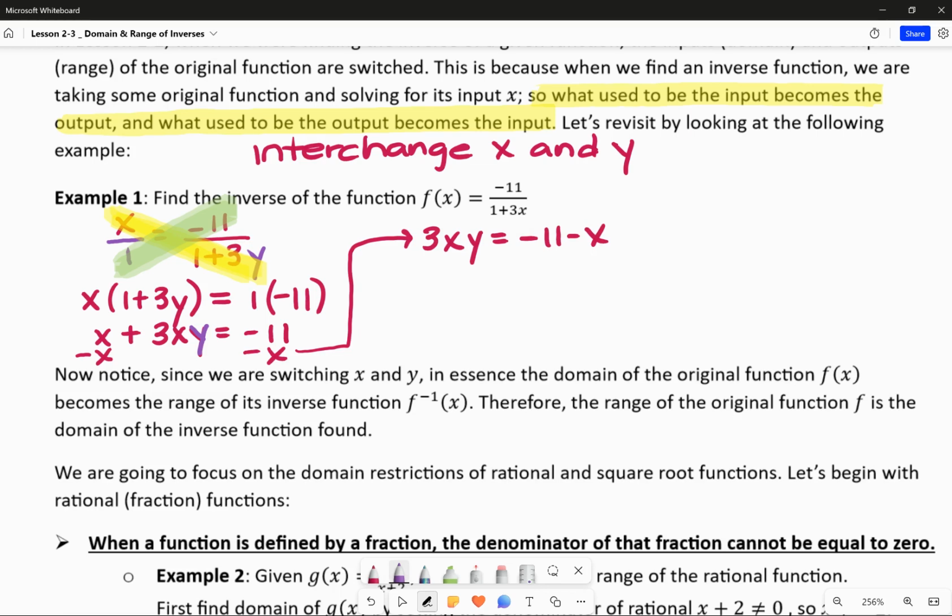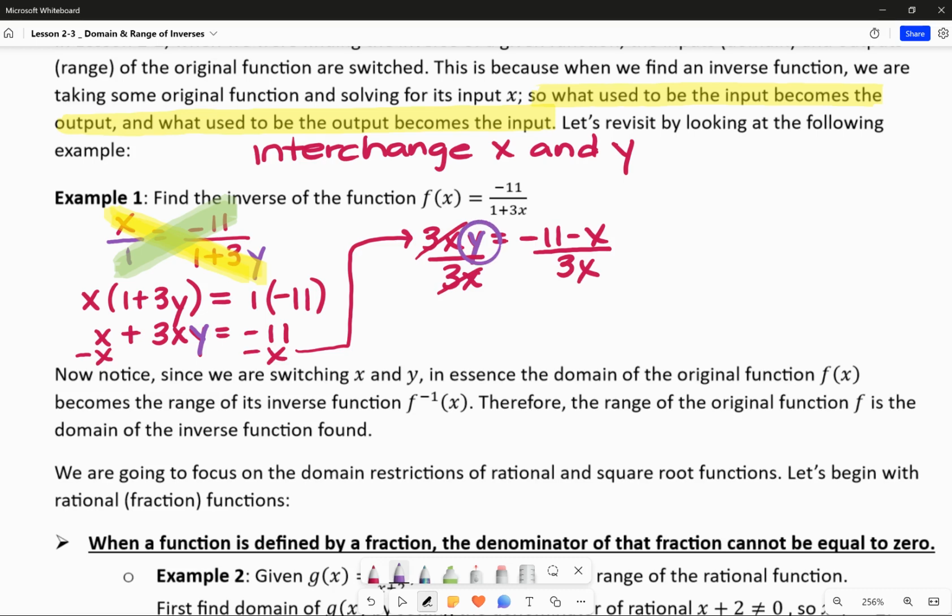Again, I'm trying to solve for y, so I need to get rid of the 3x, which is multiplying my y. So I'm going to divide both sides by 3x. And in so doing, my 3x and 3x cancel, and my y is isolated, as you can see.